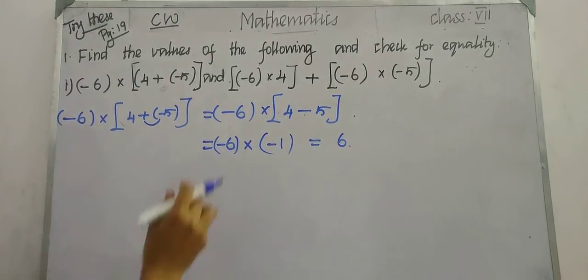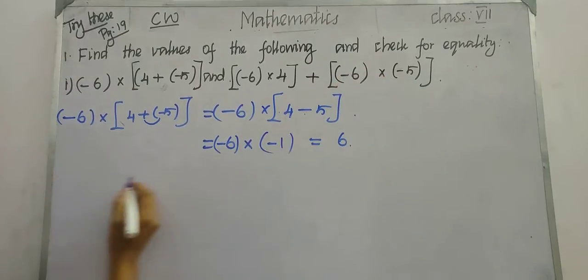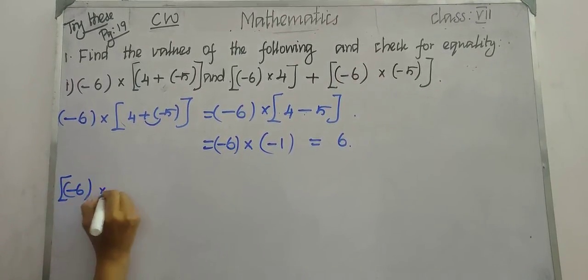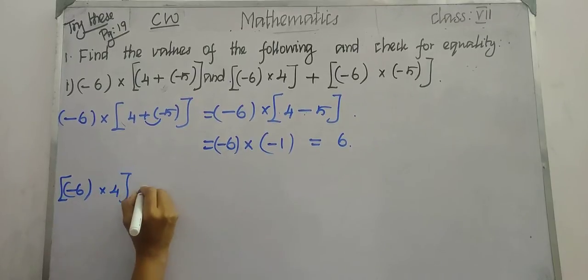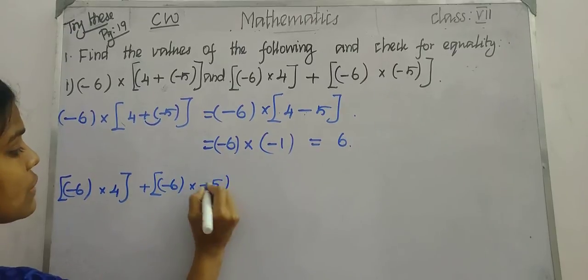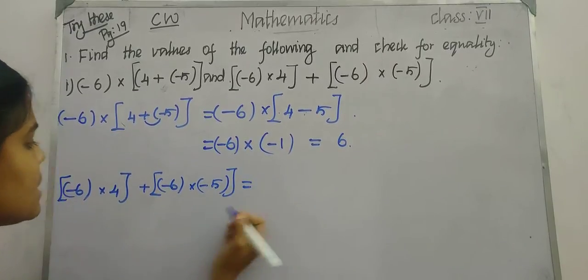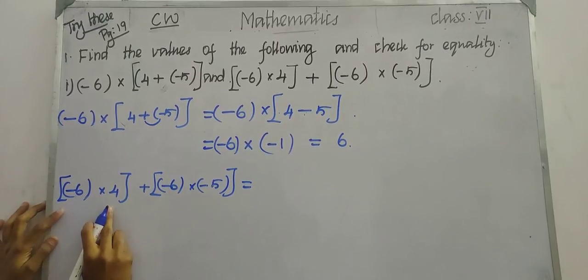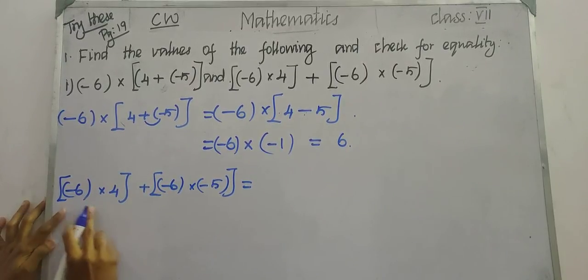Okay, children. So let us find the answer for this one. Write the question: minus 6 into 4 plus minus 6 into minus 5. First of all, let us solve the first one. 6 fours are 24, right?